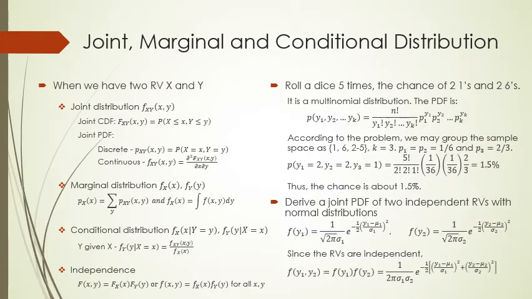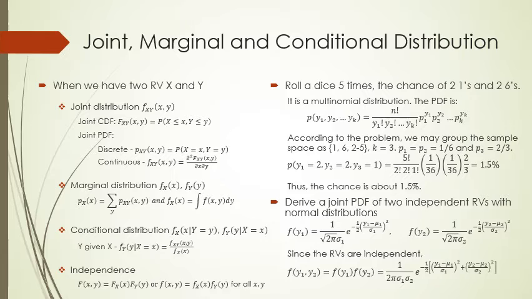The discrete probability distribution is the probability mass function p with subscript xy, and the continuous probability distribution is the probability density function f with subscript xy, which is a derivative of the joint cumulative distribution function.